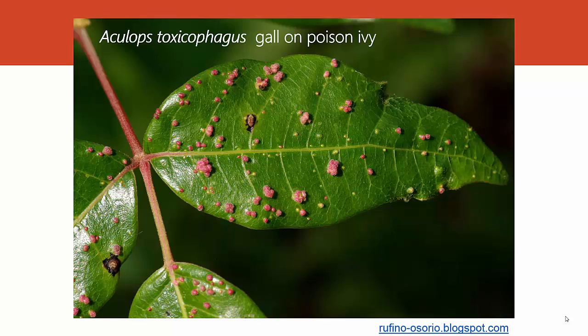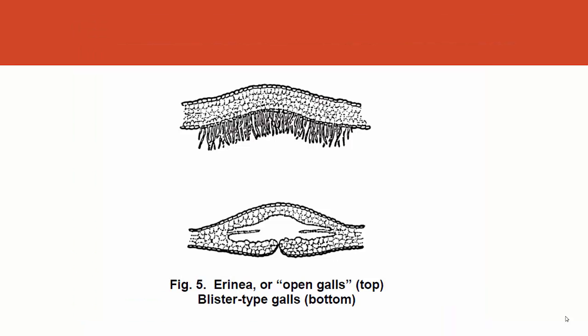Those of you who hate poison ivy may have seen galls like this on poison ivy out in the woods, and this is another Eriophyes mite. Sometimes the galls formed by these mites form little open galls or blister-type galls, as in these two pictures. Again, the abnormal leaf hairs forming on the undersides of these galls provide a nice little habitat for the mites.